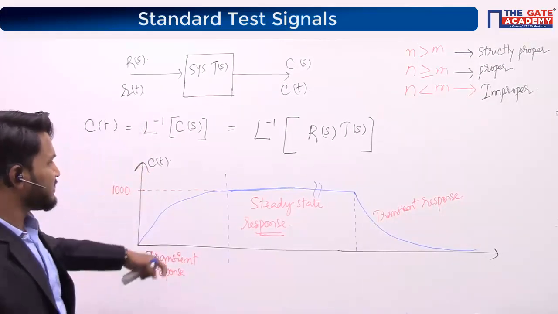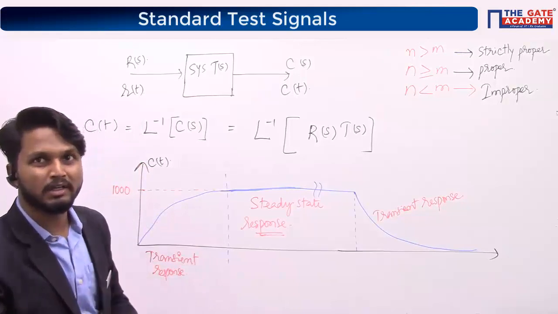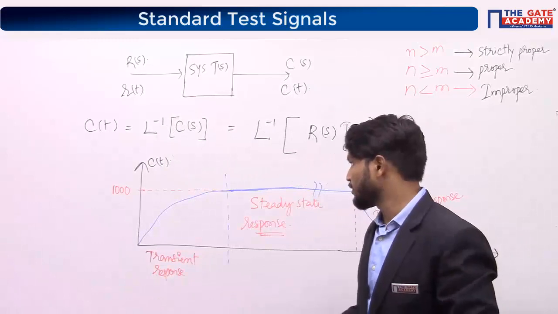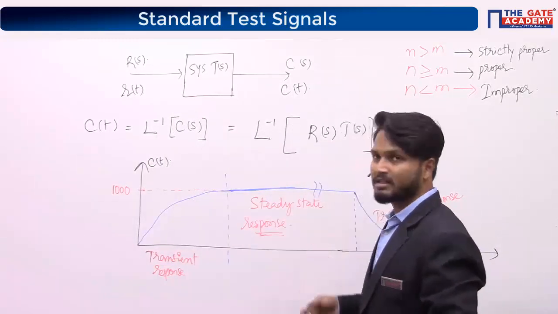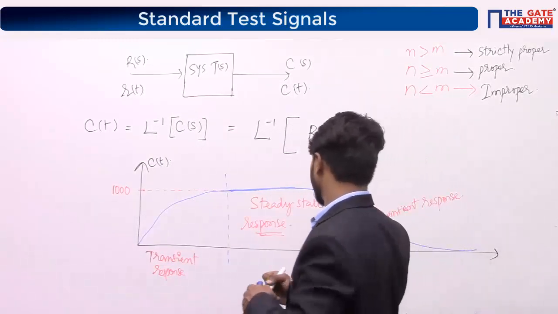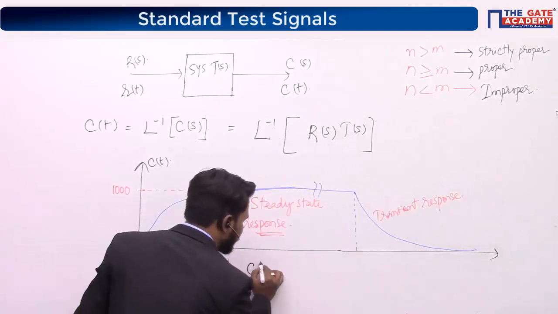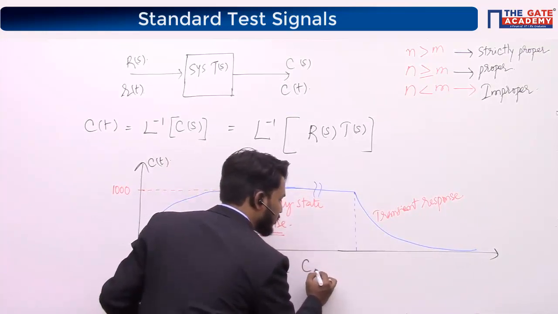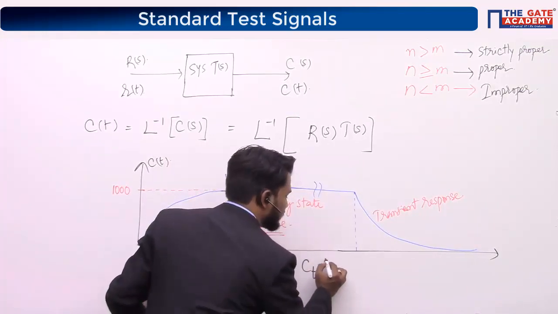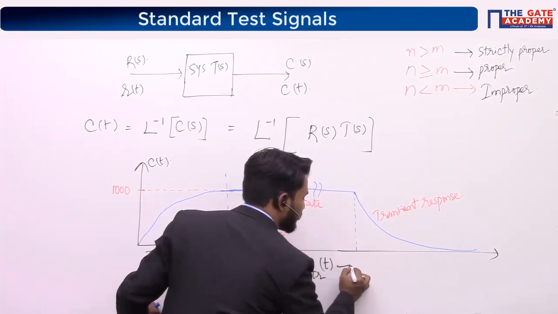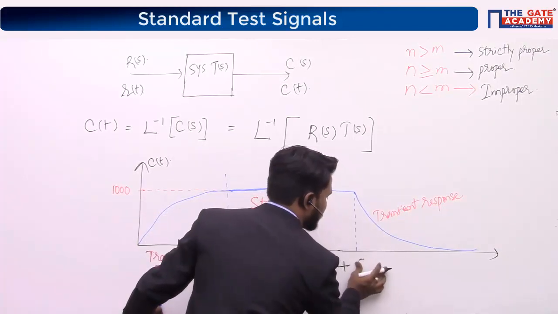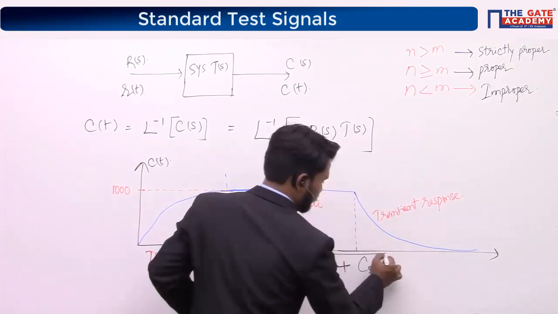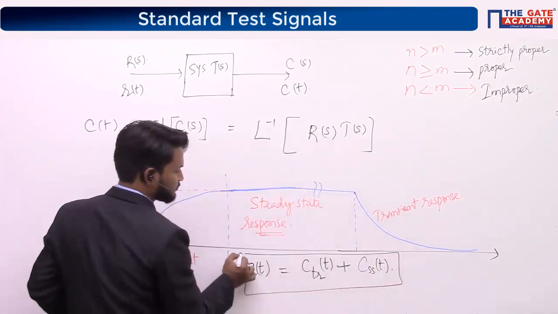Any system's response is a culmination of more than one response. What are those responses? Transient response and steady state response. So you can write c(t), the response of any particular system, as the transient response c_transient(t) plus the steady state response c_steady-state(t).